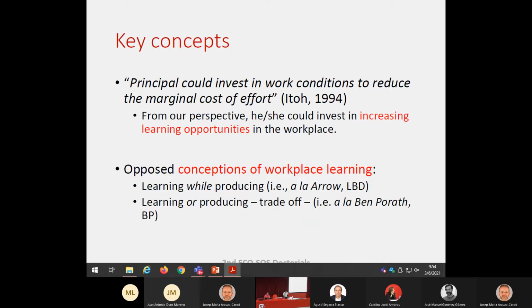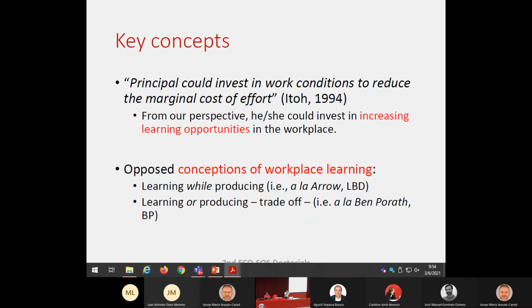When it comes to workplace learning, in the literature, there always have been two different conceptions. One is that you learn while you produce, while you exert effort in the productive task, in the productive process. This is learning by doing from Arrow. It's very, very famous. And the other one is learning or producing.